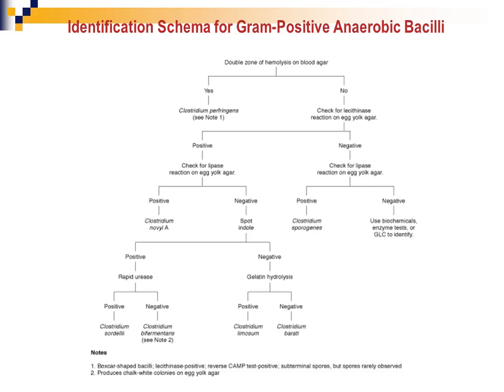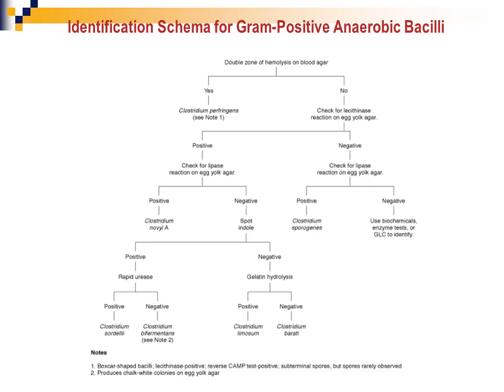You would also see a boxcar-shaped bacillus. It would be lecithinase positive. It would be reverse CAMP test positive. You would see a subterminal spore, but remember in clinical samples, you're rarely going to actually see the spore. If it does not have a double zone of hemolysis, you're probably thinking of some other Clostridium species.